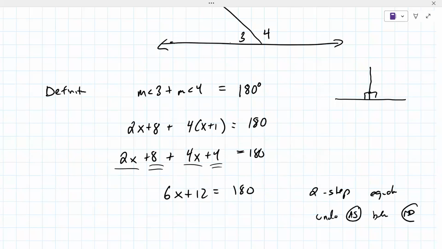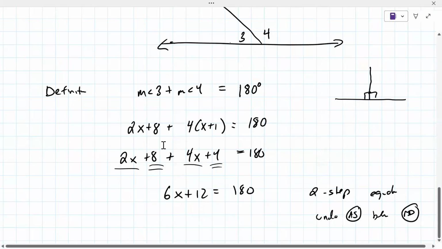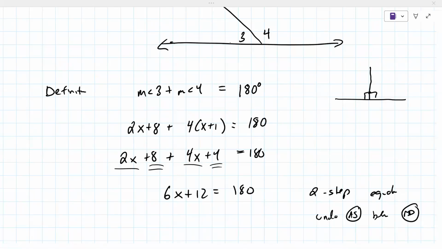So I'd like you to solve this for x, please. And my final answer is x equals 28.